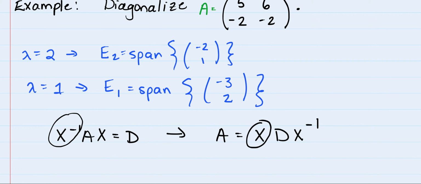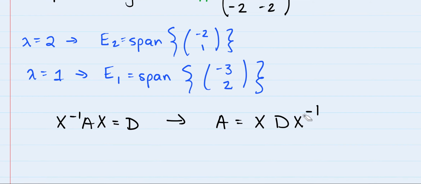Because this is actually the definition they give you in the book to be able to diagonalize a matrix. Here I have solved for A.